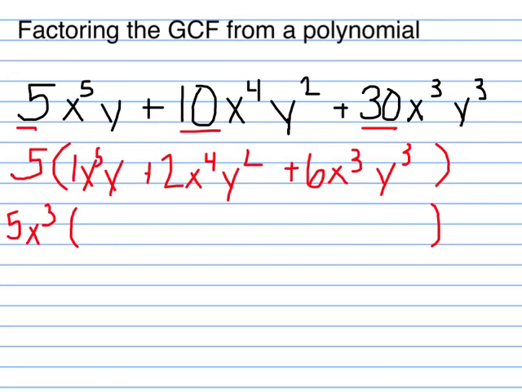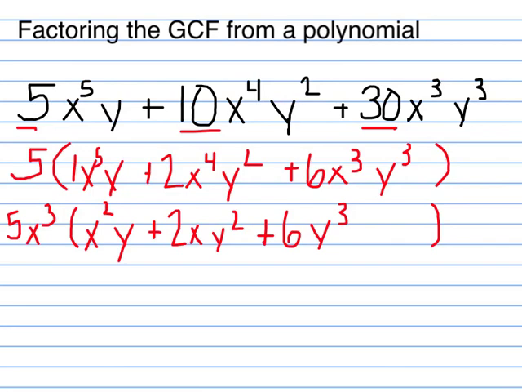So if I go x to the fifth and divide it by x to the third, I get x squared y. If I pull an x to the third out here, we get plus 2xy squared. And then if I pull an x to the third out here, that x to the third cancels all the way out. So I have 6y cubed.